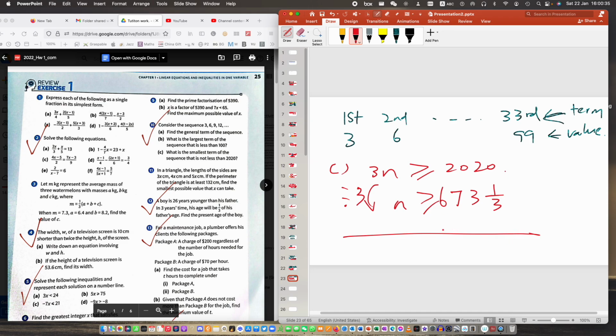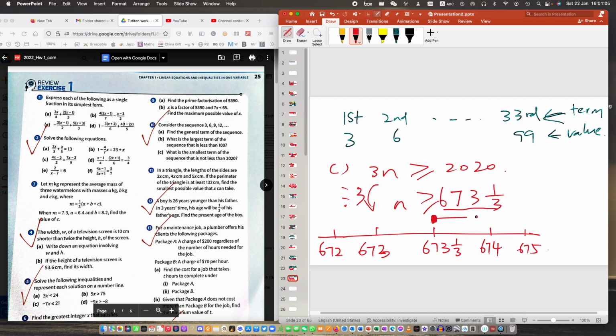How do you represent this? Number line. 673 and 1/3. What's on the right? What's on the left? 673 on the left, then the next one is 674, then 675. Included or not included? Included. Very good, so it is solid. Left or right?